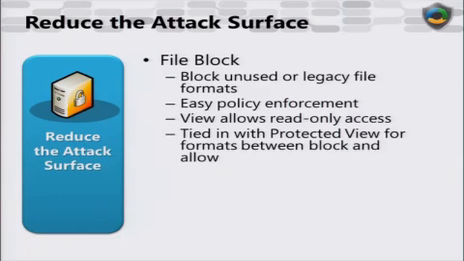So there was a big uproar because suddenly customers couldn't open documents on their network. The way we did it in 2010 was we are still blocking unused or legacy file formats, but it's based on a group policy. So the administrator can decide what document formats they will allow on their network or not. That's a much better way.